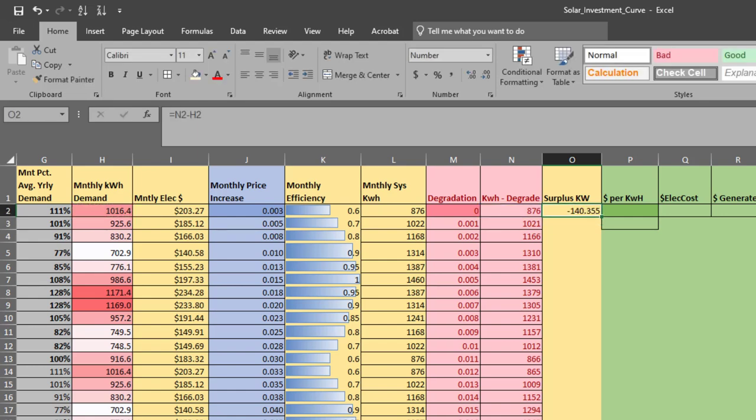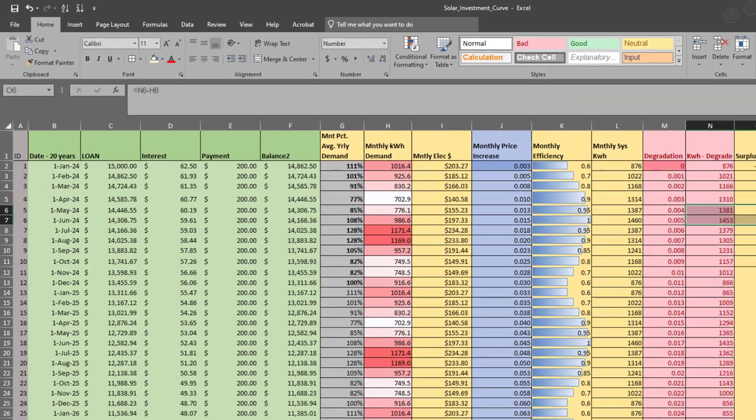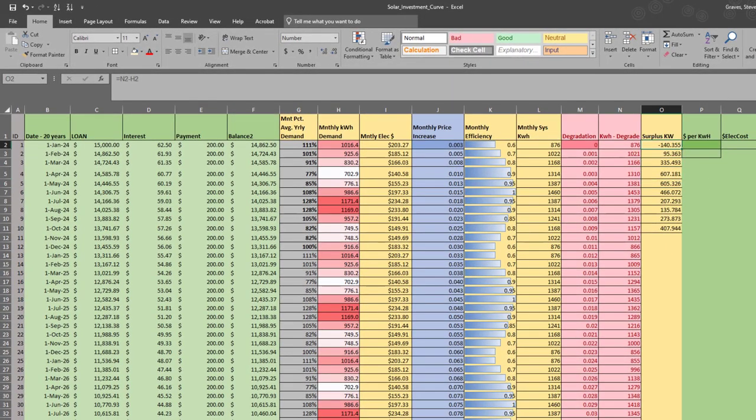And we see in this case that we are putting out in January 876 kilowatt hours a month, but our demand in January is over 1,000. And so our system finds itself short in that month. But in some of the months, particularly June, as we'll take a look here, we find that we're generating substantial surpluses, and over the course of the year our surplus will be over 3,000 kilowatt hours.